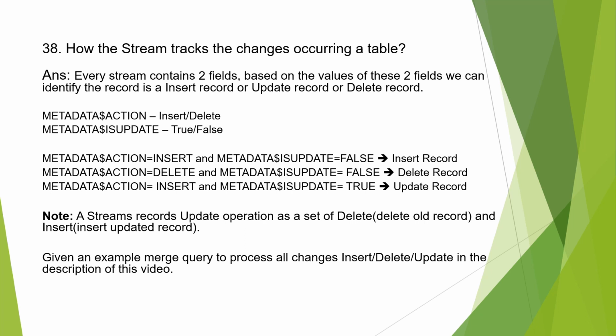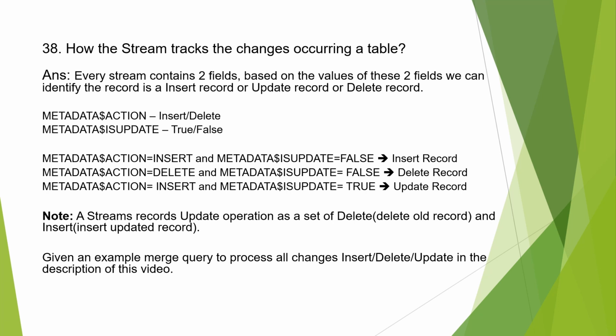Okay, so it will mark that record as an update record. And there can be one more: metadata action equals delete and metadata isupdate equals true, that means this is also an update record and it is to delete the old record. Okay, and then it will insert the new record with the updated values.